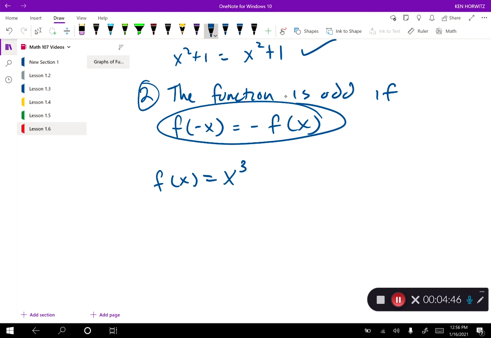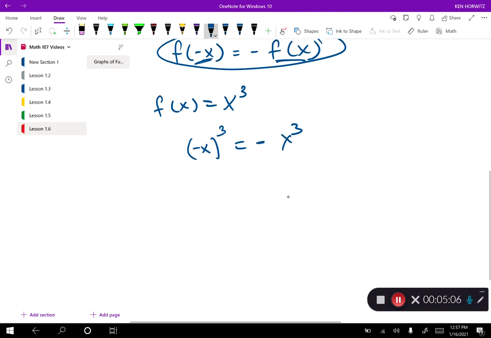Like I said, our expectation is that it will be. So for f of negative x, I have my parenthesis, I'm putting negative x inside the parenthesis, and cubed. And then I have negative, and then I just need f of x, which is x cubed. All right?